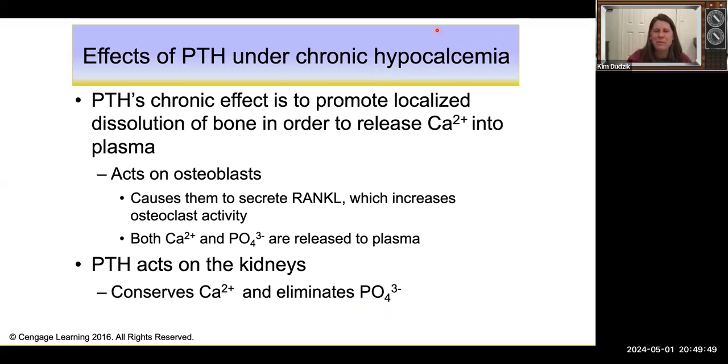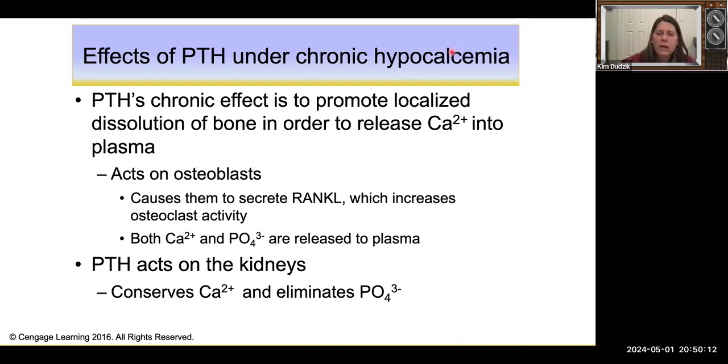It would only promote this hypocalcemia, right? So parathyroid hormone, by acting on the kidneys, again, conserves the calcium but removes the phosphate. Okay, and that allows the calcium levels then to increase in the blood plasma.